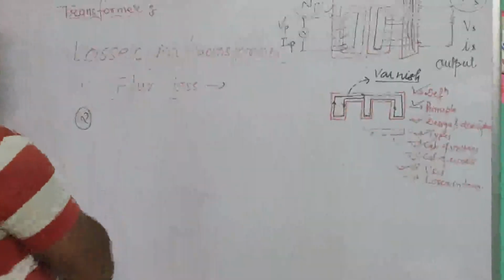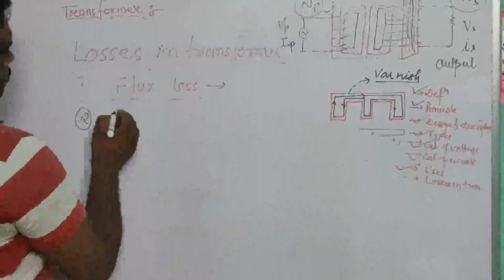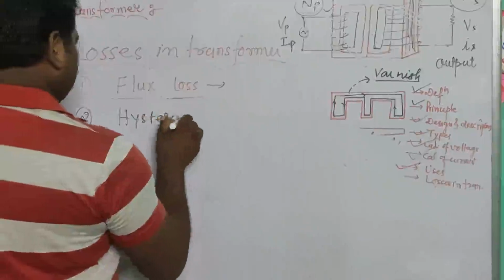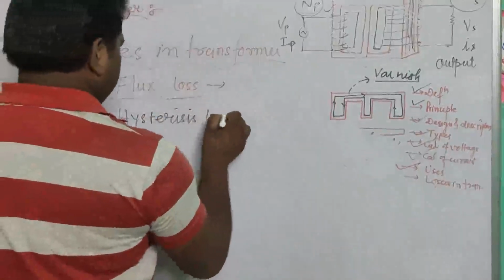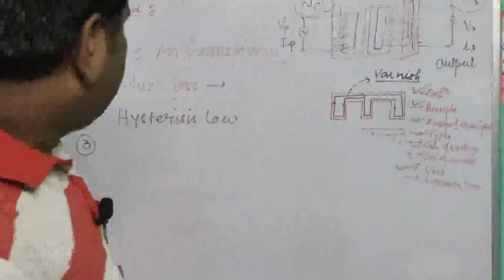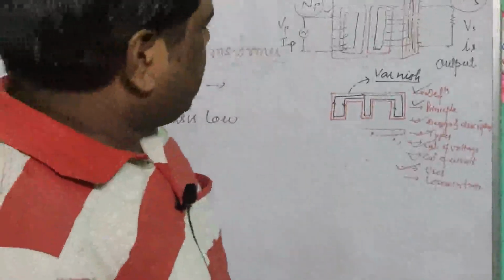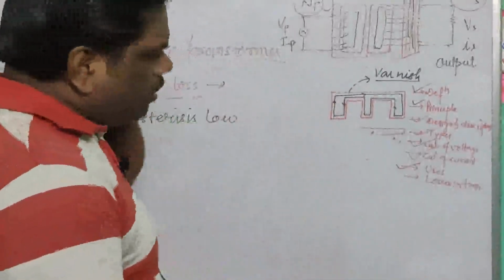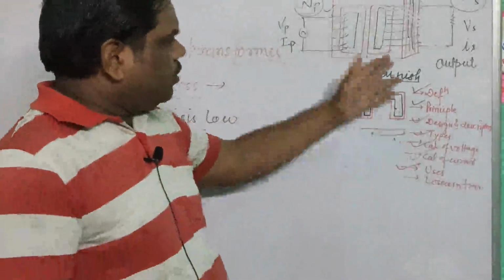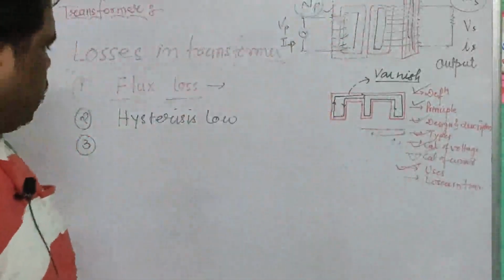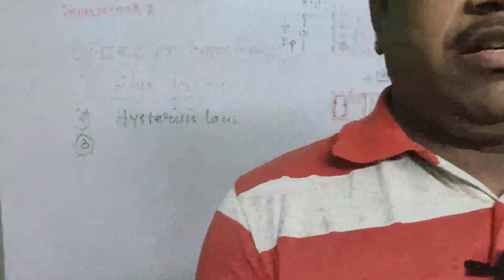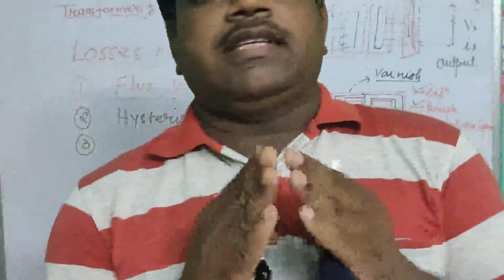And number two, hysteresis loss. See, it is also a kind of loss. When current is produced in the soft iron core, there will be magnetization and demagnetization in the core of the staples.